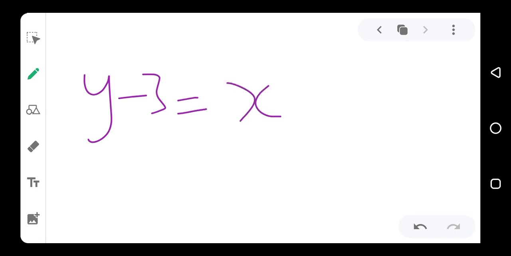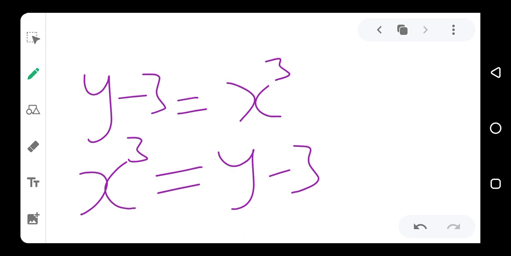So we are going to have that y minus 3 is equal to x raised to power 3. Let's bring x to this side to show that we are trying to make it the subject. Now x raised to power 3 is equal to y minus 3. Nothing changed, we just changed their positions.